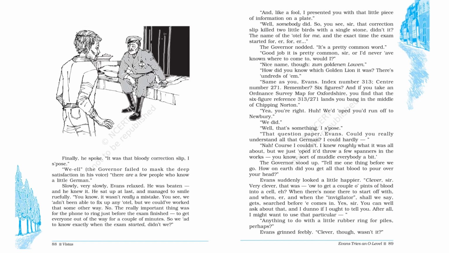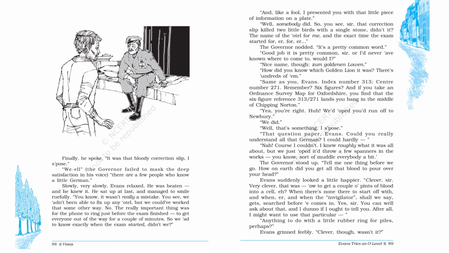He confessed that the correction slip had ruined him. Slowly, very slowly, Evans relaxed. He knew he was beaten. The details of the escape plan were on the correction slip, which he had left behind.